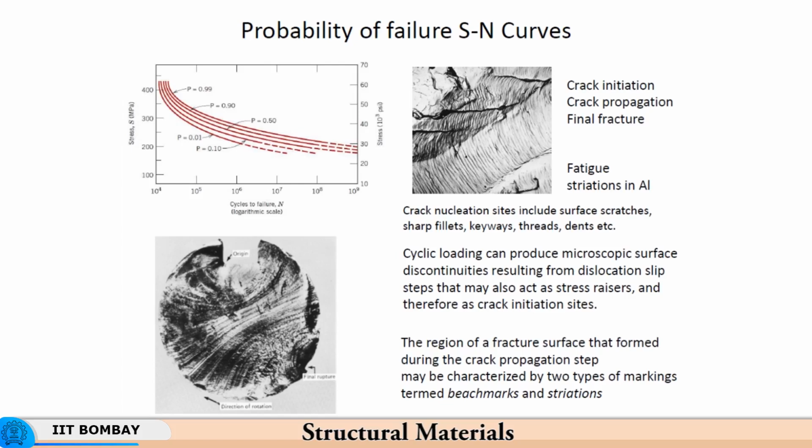This is where the stress concentration takes place and the crack nucleation takes place. So the crack nucleation sites are the ones where there is a significant amount of stress concentration. The average stress is far lower than the local stress that is experienced at the base of the scratch or the notch. So keyways, threads, dents, these serve as crack nucleation sites.